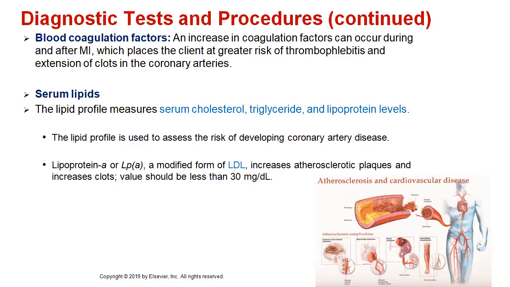In case of MI, there are elevated cardiac enzymes, and also EKG changes, electrocardiogram, like ST segment depression or elevation, T wave inversion or abnormal Q wave. I will show you in our EKG section.